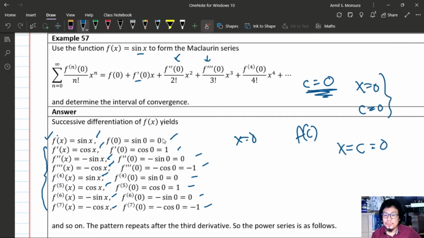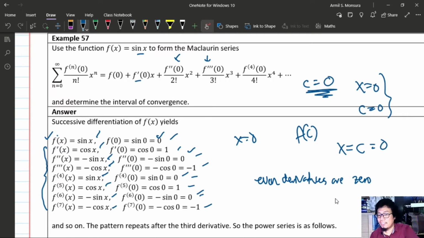Now as you can see, there are function values and derivatives that are 0. The function value itself is 0, as well as the second, the fourth, and the sixth derivative. It seems that even derivatives are 0. And actually, you can extend that to the function value, considering that the function can be considered as the 0 order derivative.